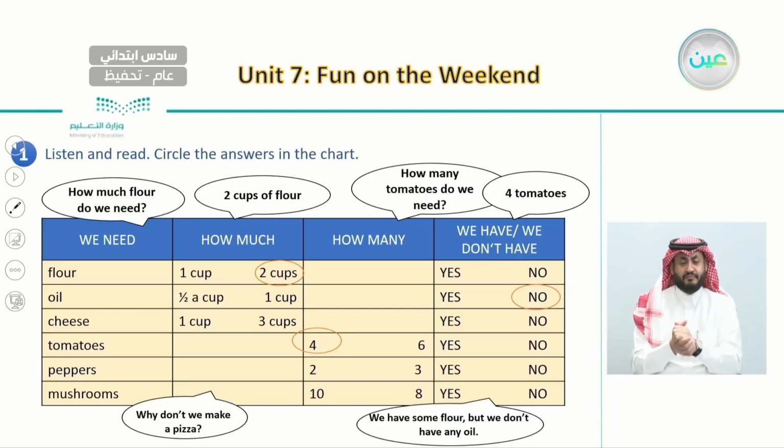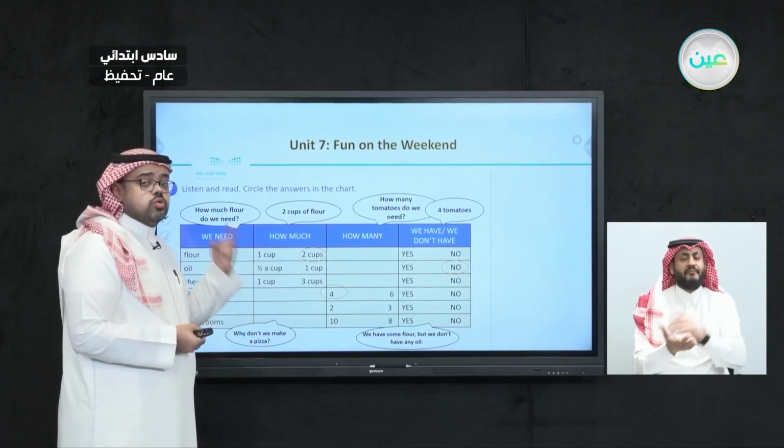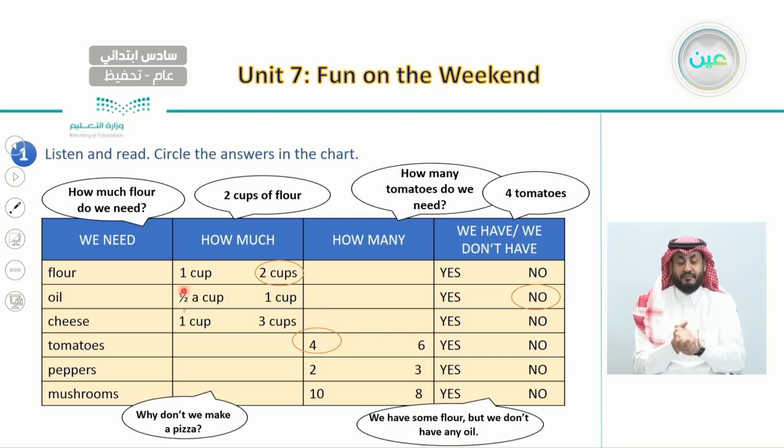For example, the first answer is given to us: how much flour do they need? They need 2 cups. And how much cheese do they need? It's not mentioned. It's on our part to listen and write down or choose the answer. And how much oil do they need? It's upon us to listen and choose either half a cup or 1 cup.